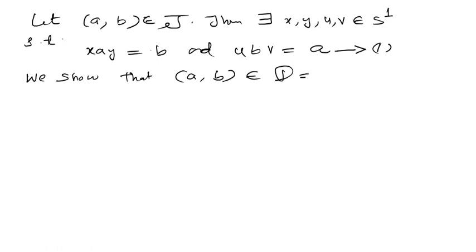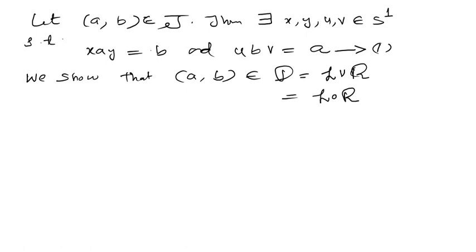It is a join of L and R, that is its definition, and that's equal to the composition because these relations commute.